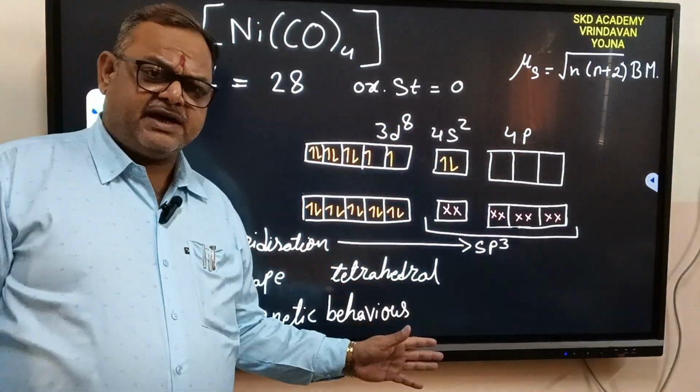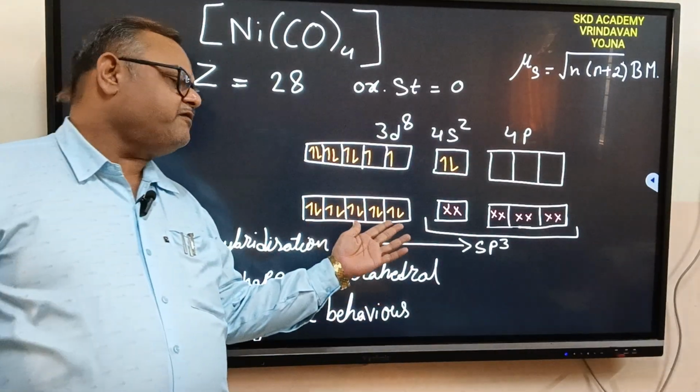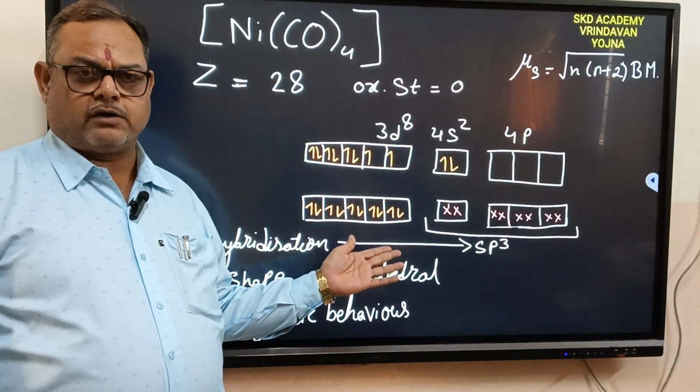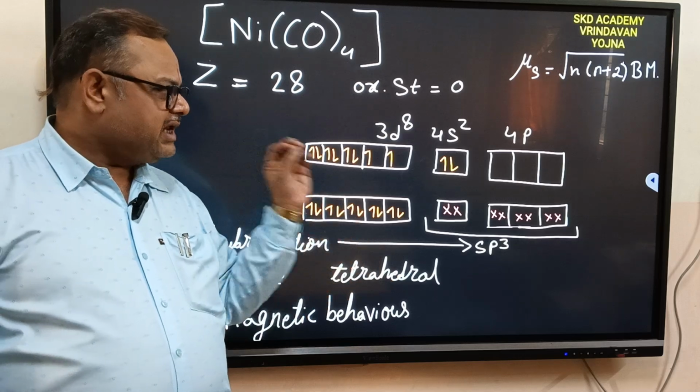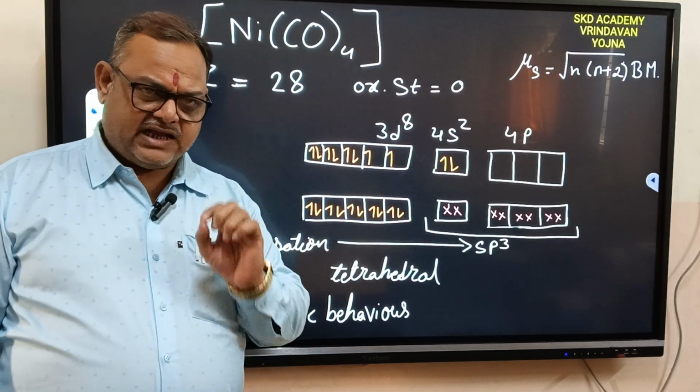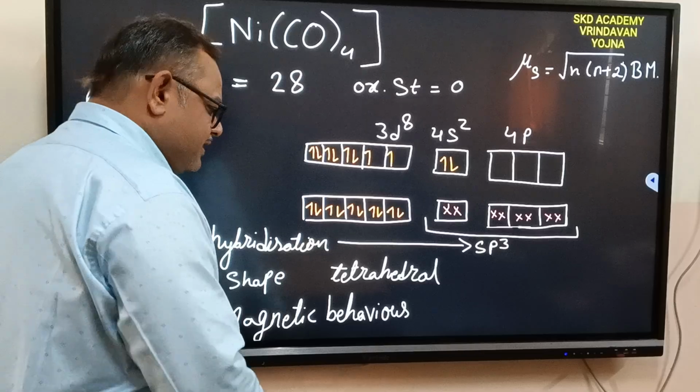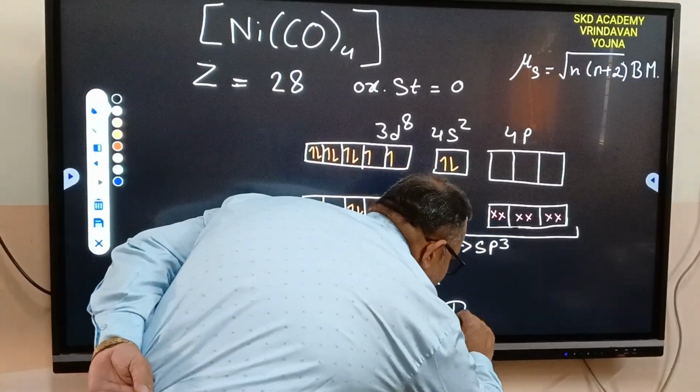As far as the magnetic behavior is concerned, you cannot find any unpaired electron in the d orbital of the metal. So the number of unpaired electrons n is 0. Therefore, the magnetic behavior will be diamagnetic.